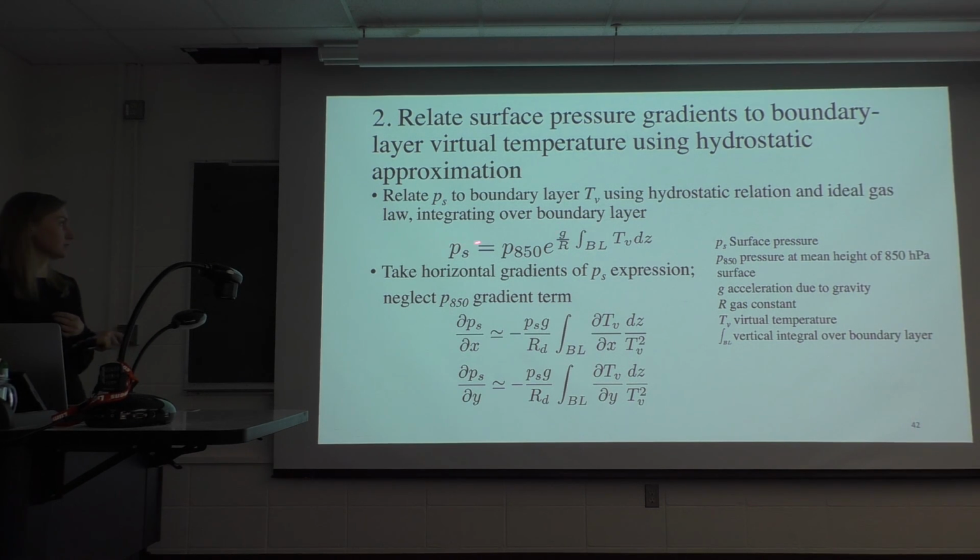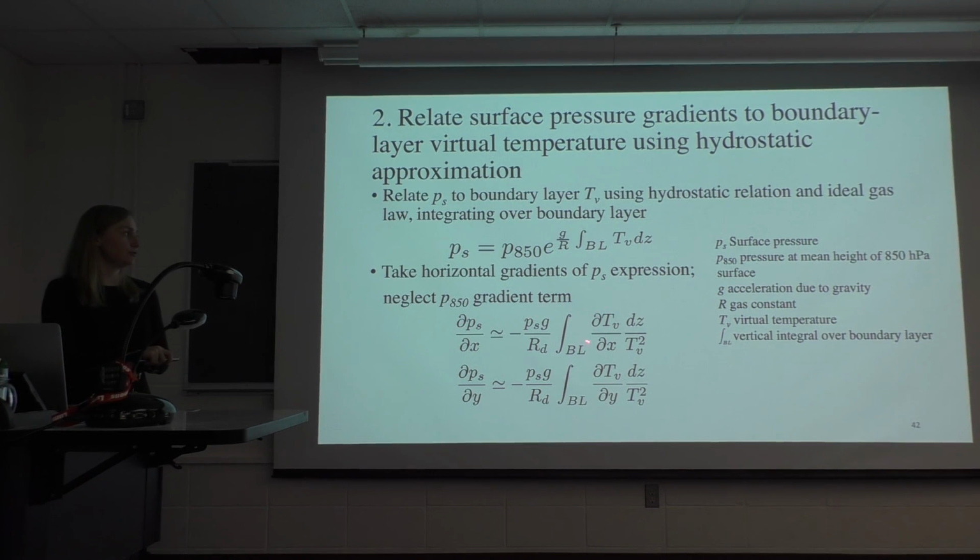We take gradients of this term, and when we take the gradients, we just keep the term that is proportional to gradients in temperature. And so when we do that, this is what we get. We get this expression for pressure gradients that are proportional to temperature gradients integrated through the boundary layer.